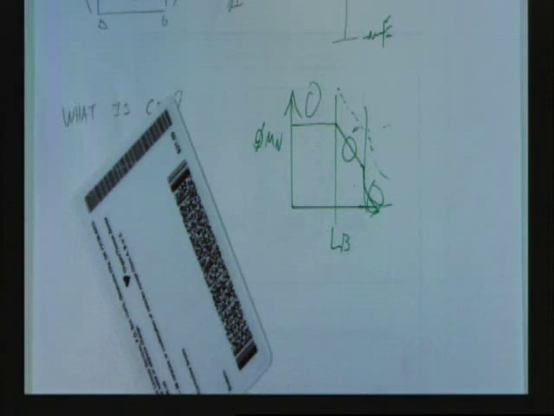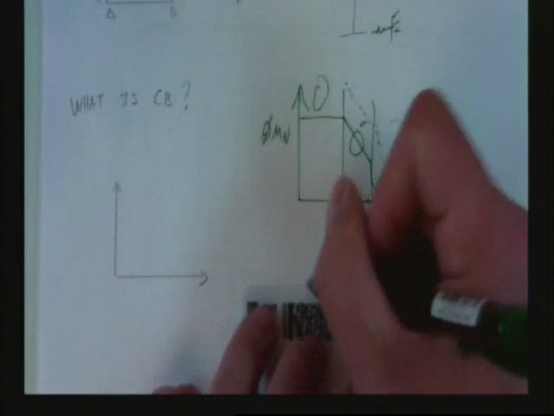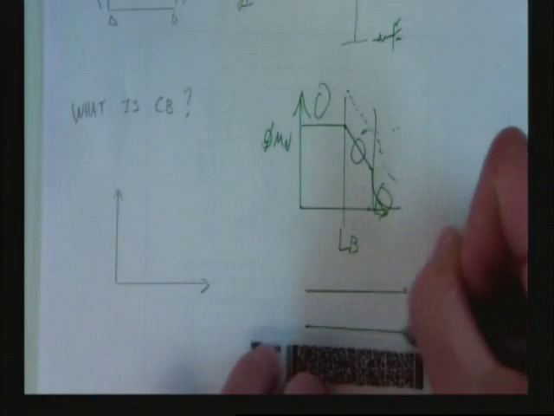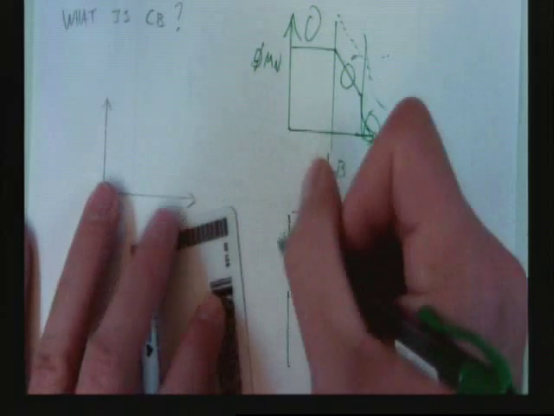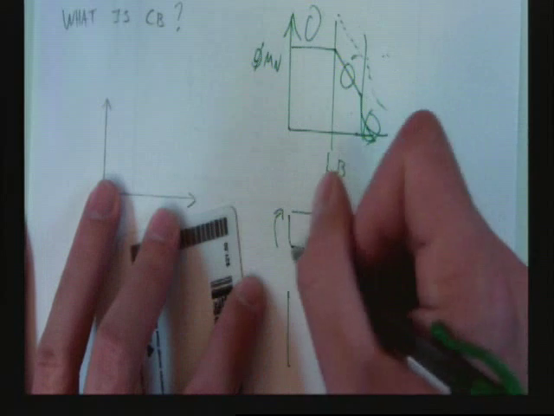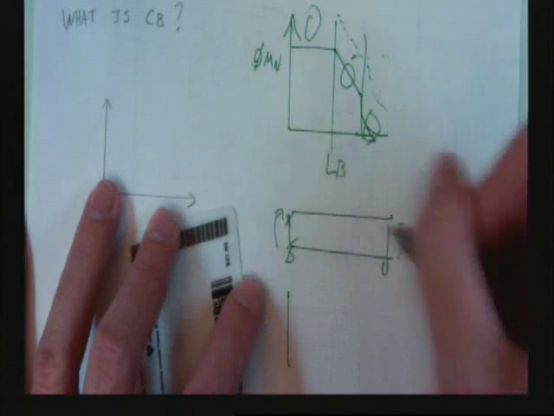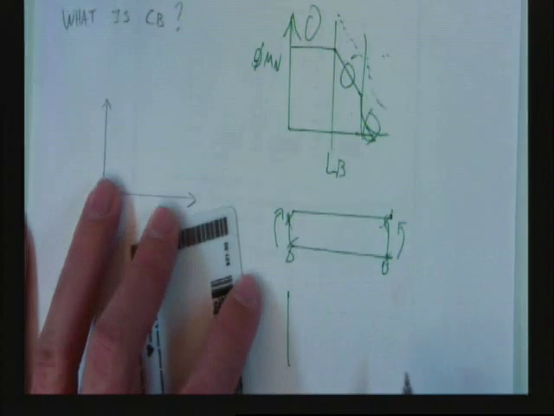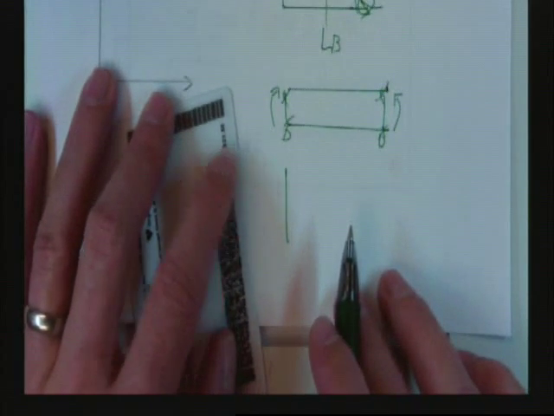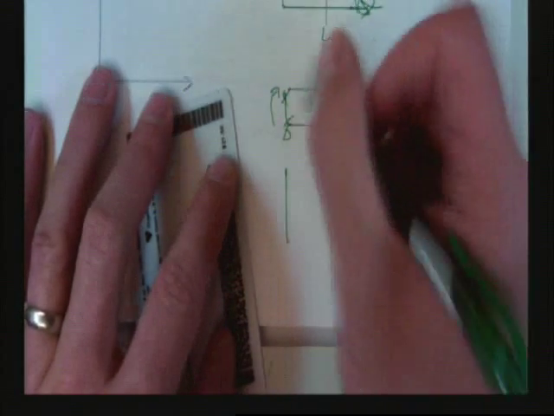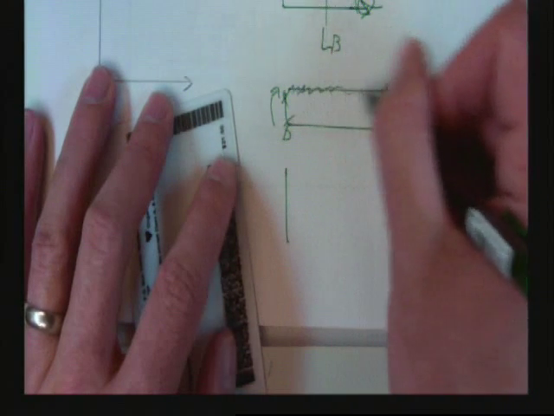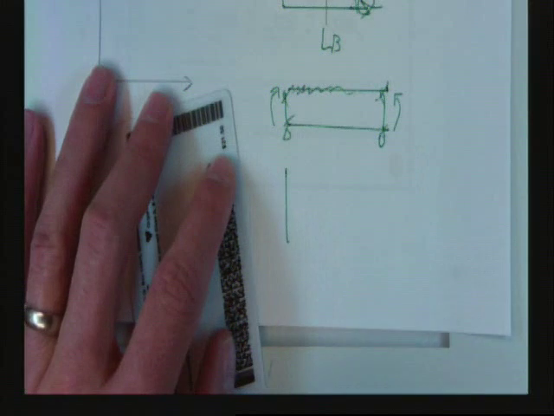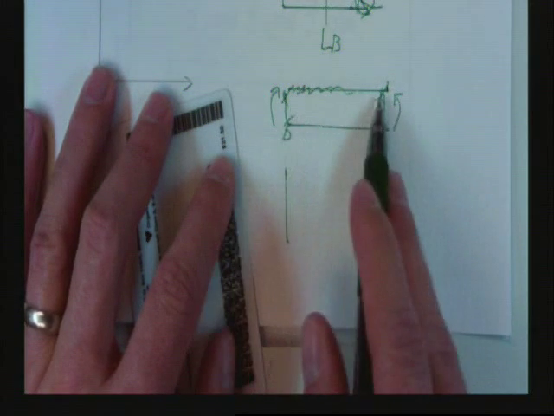Why that's important is, if we have a constant moment along our length, which doesn't ever happen, but let's say it can, then the top flange constantly has the same stress all along the length.